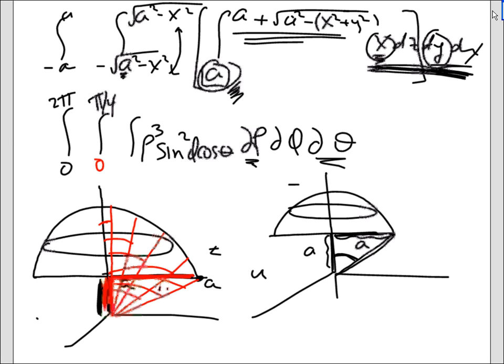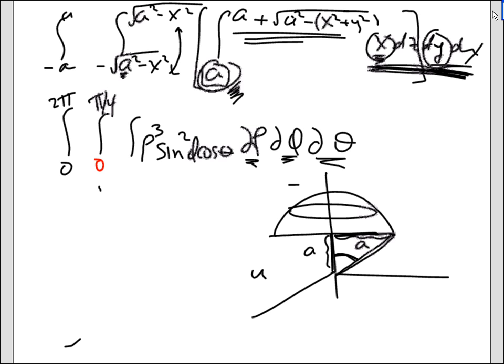Sorry about that. Phi goes from 0 to pi over 4. And I said that rho is in between the smallest z value times secant phi and the largest z value times secant phi.